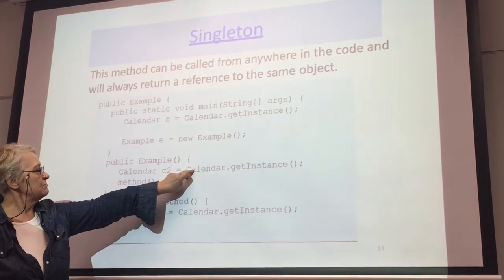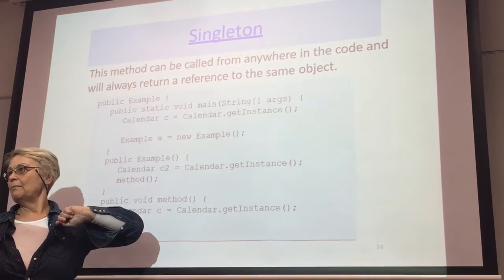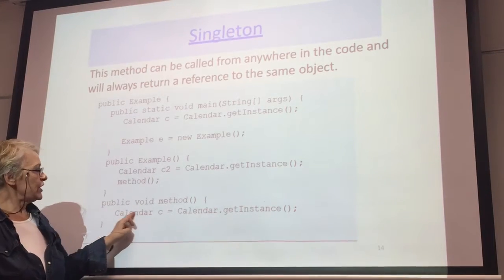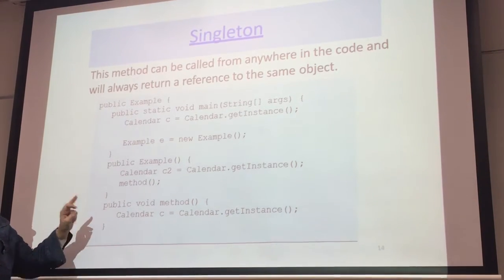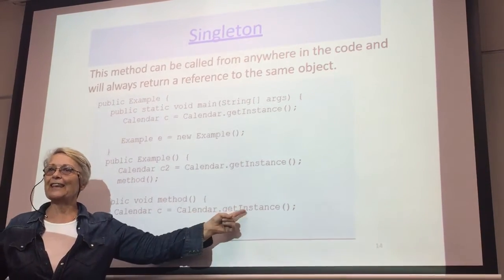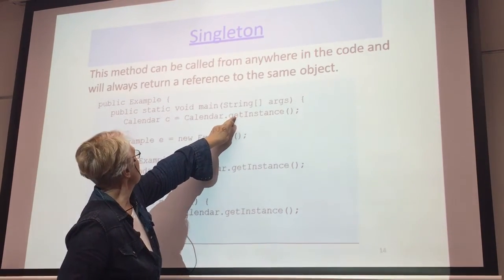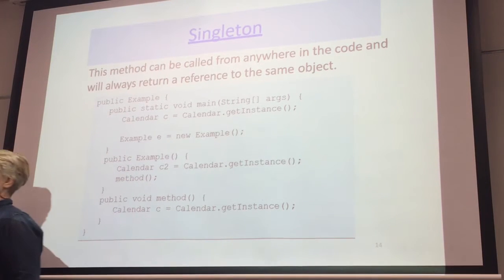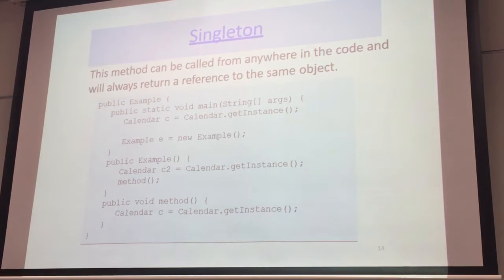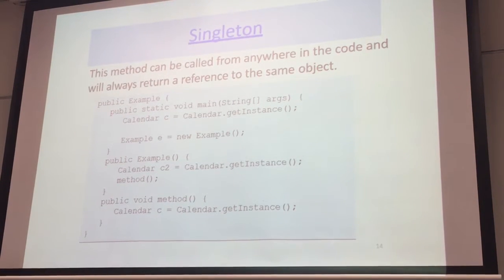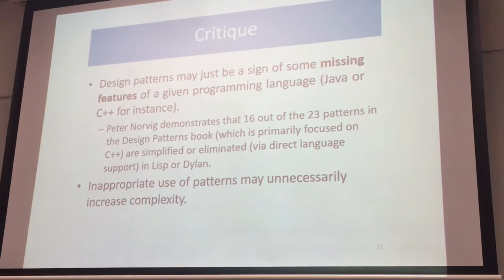This does not create another object. This does not create another object. That getInstance works with the one which was created here. Therefore, we are sure that only one object exists.